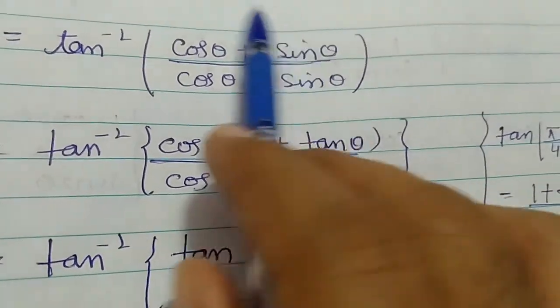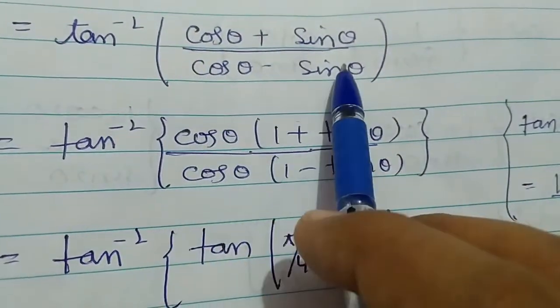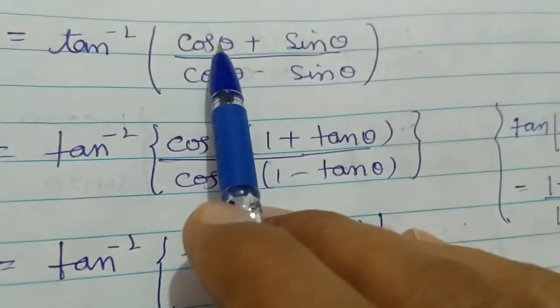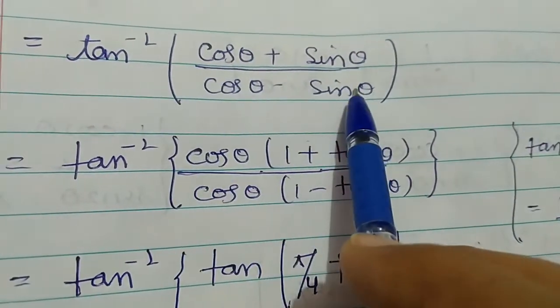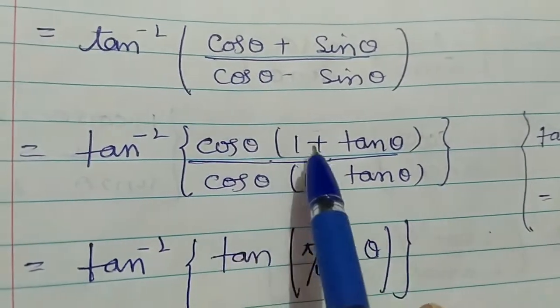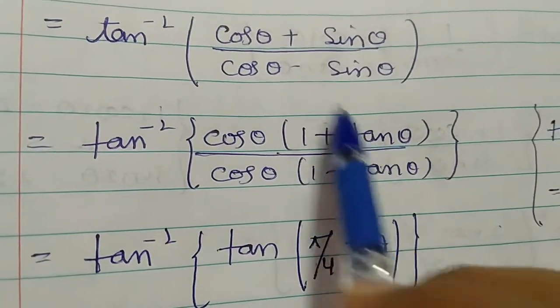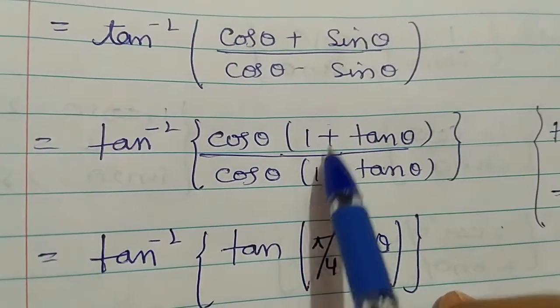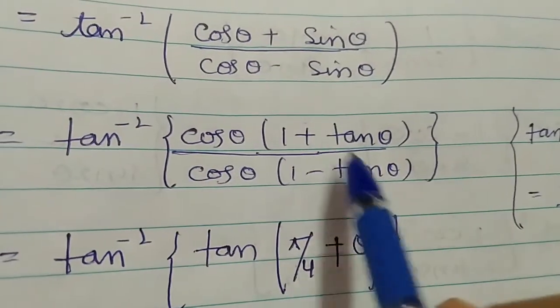Now we have to convert this term into the form of tan theta. If we divide each term by cos theta, what will we get? Cos theta by cos theta is 1, sin theta upon cos theta is tan theta, cos by cos again 1, and sin by cos is tan theta.